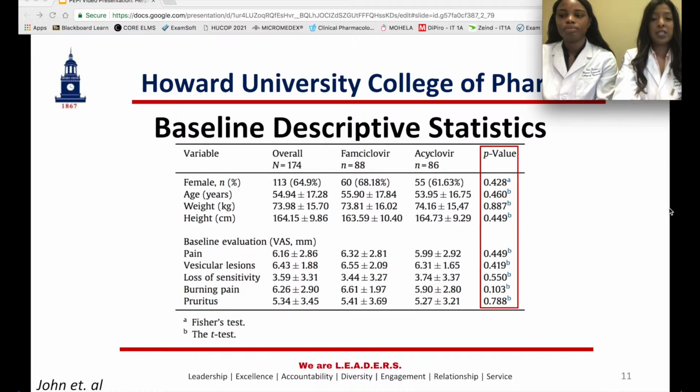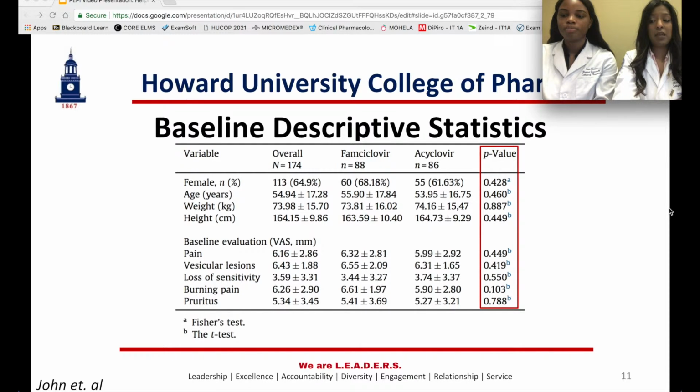So here we have the baseline descriptive statistics of each of the treatment groups at baseline. A Fisher's test and a t-test were used to compare participants at baseline. More than half of the study participants were female, at 64.9 percent. The median age was 59 years old, with the youngest being 18 and the oldest being 92.